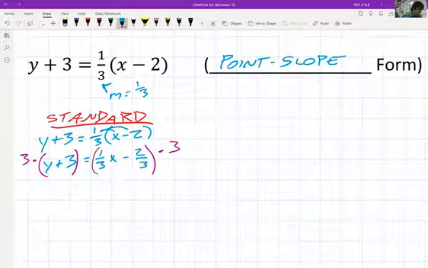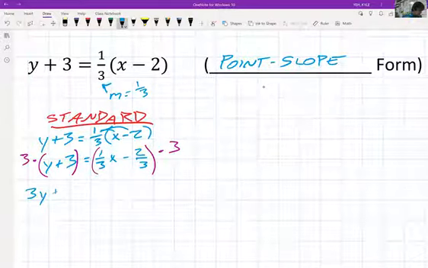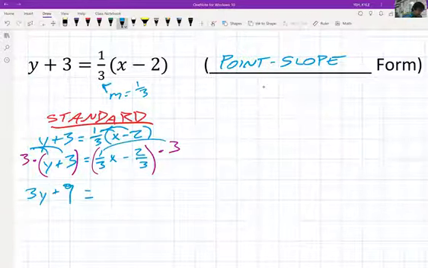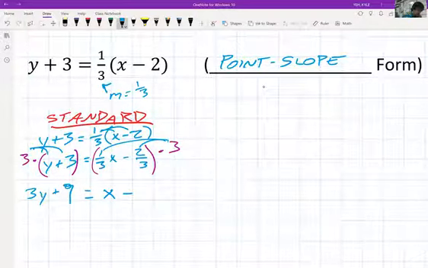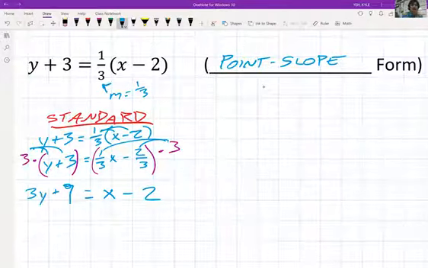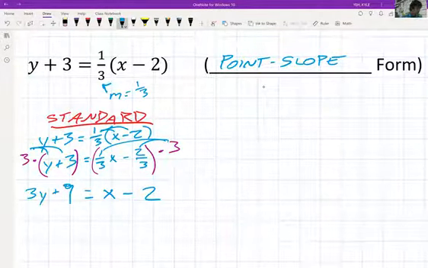So let's distribute those 3's. We get 3y plus 9 is equal to 3 times 1/3 x is just 1x, minus 3 times 2/3, the 3's cancel, minus 2. And now it looks a little bit nicer.